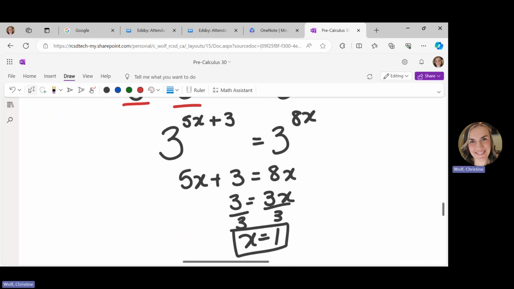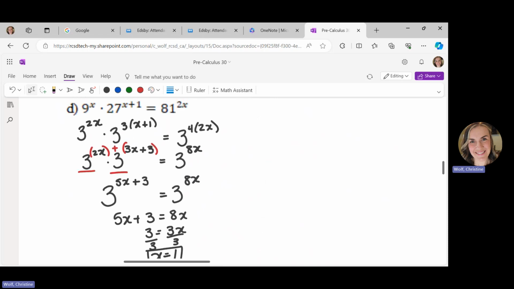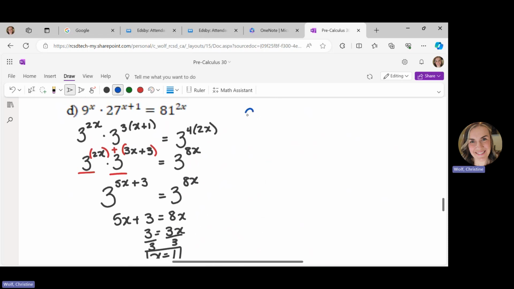Okay, very quickly, let's verify this. 9 to the 1 times 27 to the 1 plus 1 equals 81 to the 2. So I've just plugged x in to the original equation. You don't have to change these to 3s and stuff now. You just simplify. So it's 9 times 27 squared equals 81 squared.